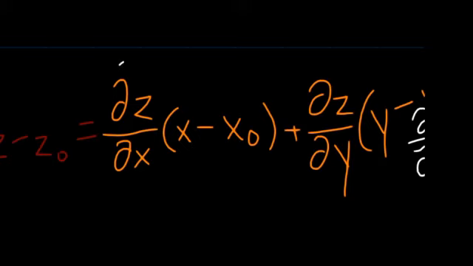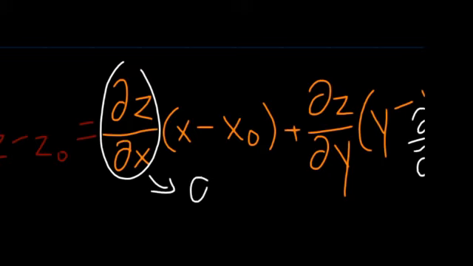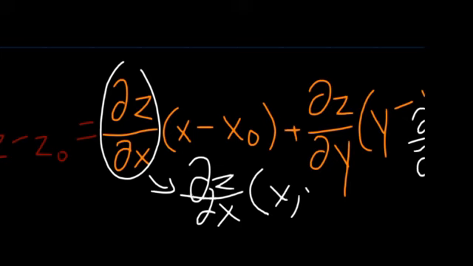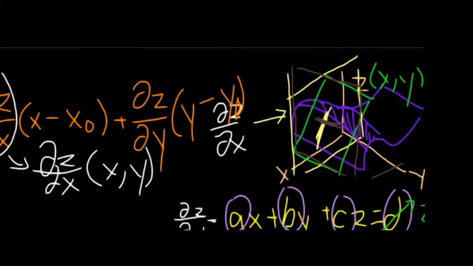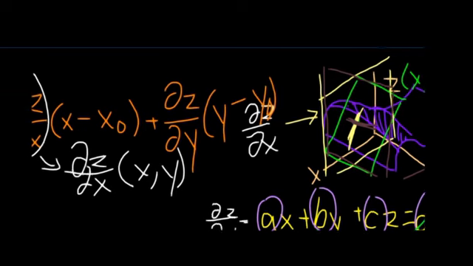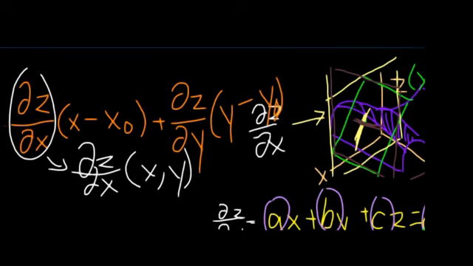It's going to be partial z partial x evaluated at the points given, at x and y, because it could vary depending on the x value and the y value, so we have no guarantee that it has a constant slope.